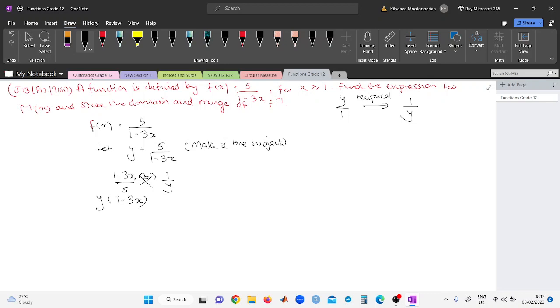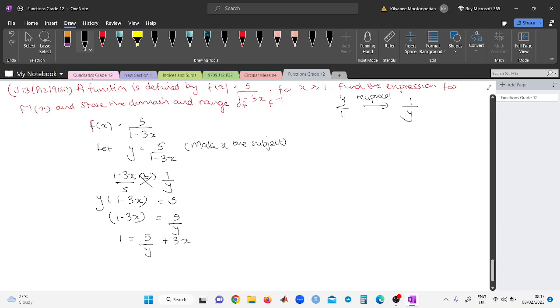So I will get this. That gives me y equals 5 over 1 minus 3x, so I simplify, up to you. I get 1 minus 3x equals 5 over y, divided. That frees it on the other side. We continue there. The 1 goes to the other side because only one side has my x. So I get 3x equals 1 minus 5 over y. x will be, I divide by 3.